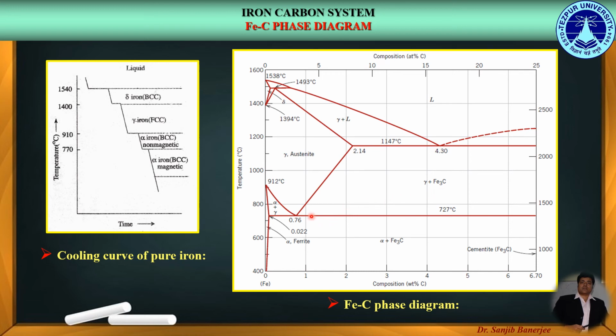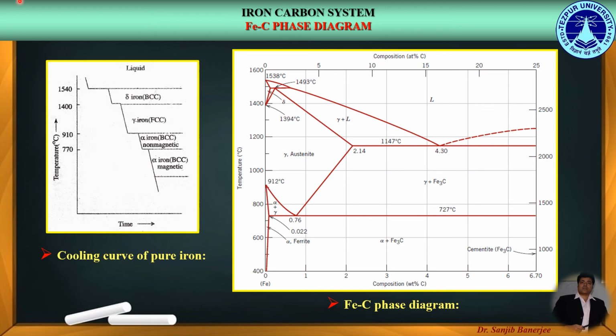Next, here we get the eutectoid point having the eutectoid composition of 0.76 or 0.77% of carbon and the eutectoid temperature of 727 degree centigrade. So over here the austenite phase on cooling get transformed into the two solid phases of ferrite plus cementite.